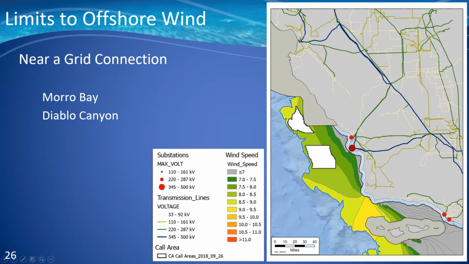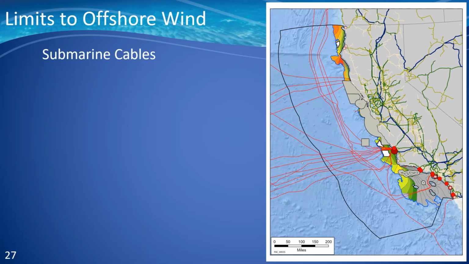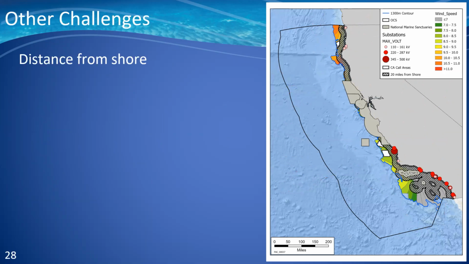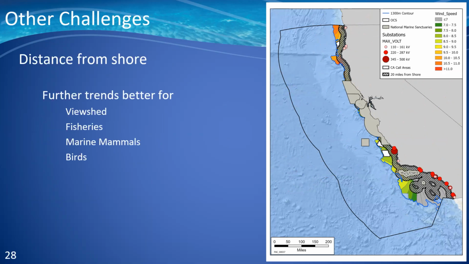Some other considerations: submarine cables. You can't be putting huge anchors on cables. Distance from shore is nothing hard and fast, how far you can get from shore. But in general, as you go further, the trend is better for things like viewshed, fisheries, marine mammals, and birds.